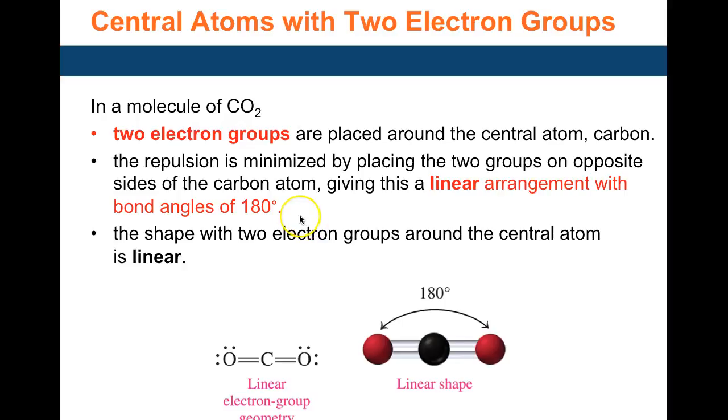According to VSEPR, if you have just two electron groups, then the best geometry is linear. You have to have those groups as far apart from each other as possible, and that's a linear 180-degree angle. So the shape around the central atom, carbon, is linear.